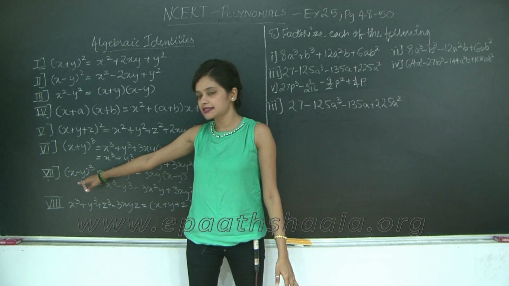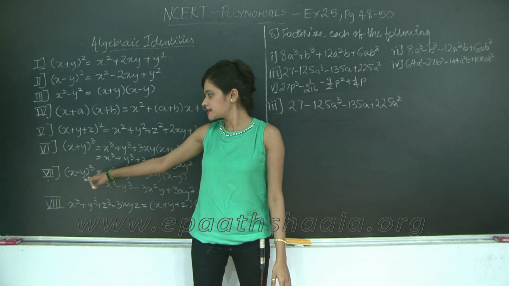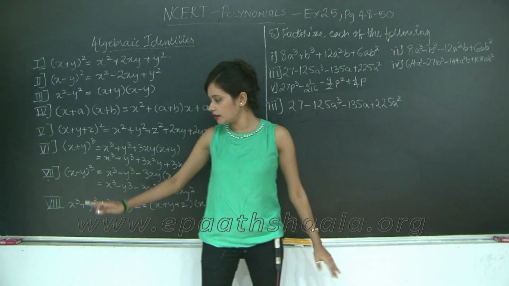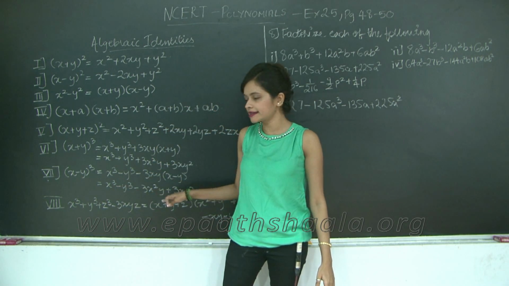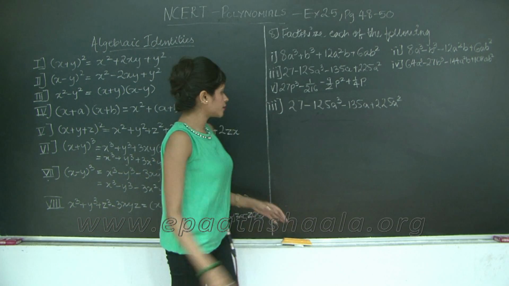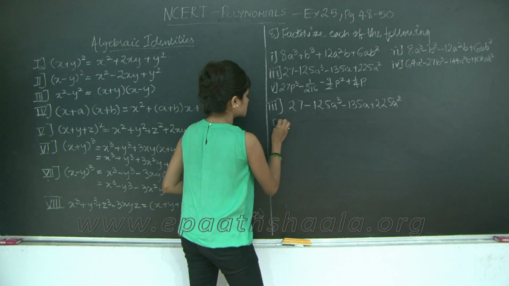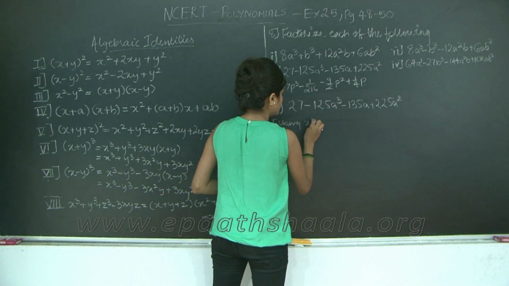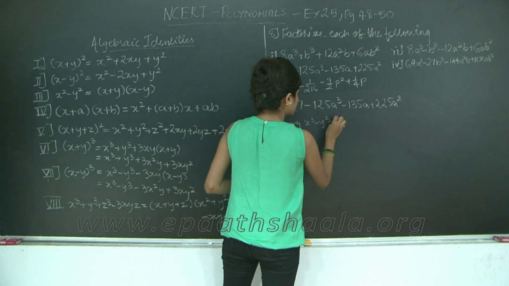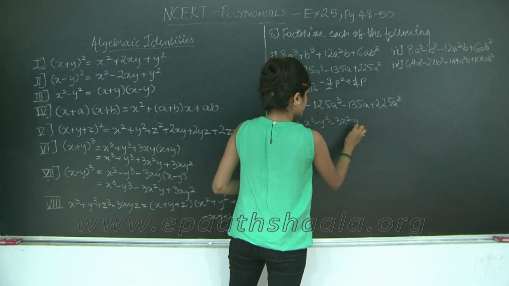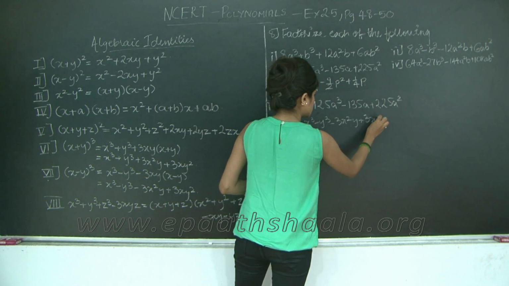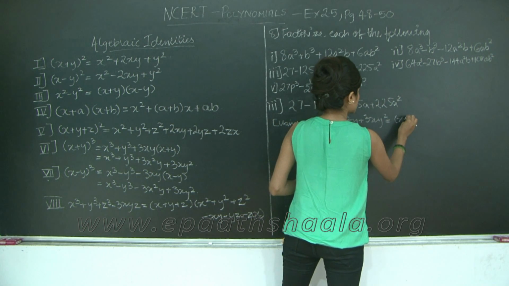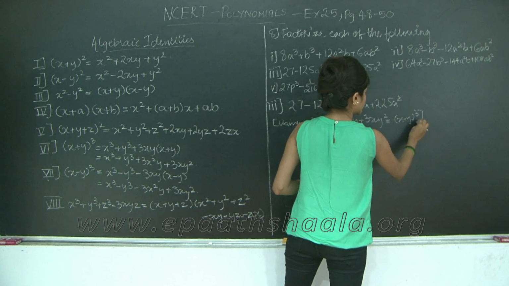This matches our identity number 7, which is nothing but x minus y the whole cube, right? However, we've been given the right hand side, so I'm going to write the right hand side first and the left hand side. Okay, so using my identity number 7, which is x cube minus y cube minus 3x square y plus 3xy square is equal to x minus y the whole cube, right?